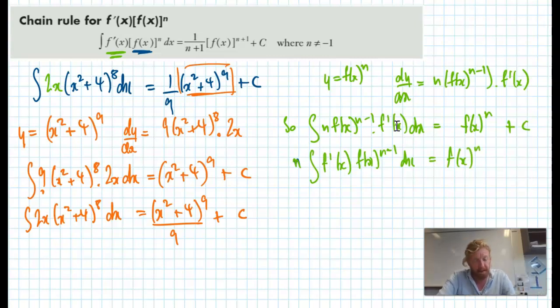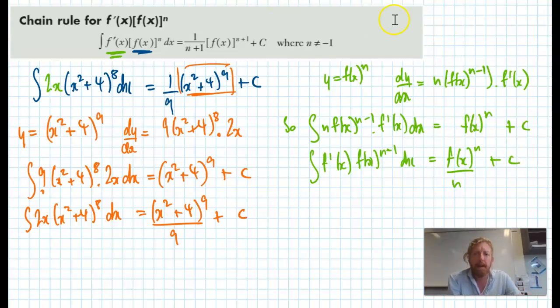And actually, let's just save a line. I'll divide by that n, and then I'll put my c on, where again c over n is just another constant.